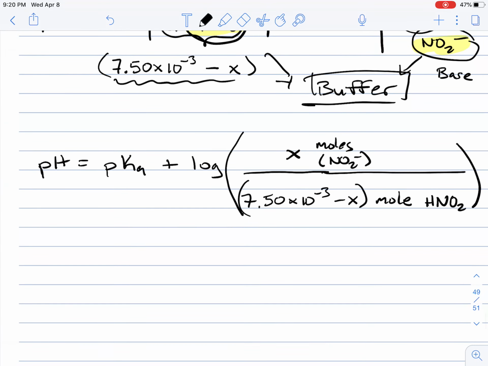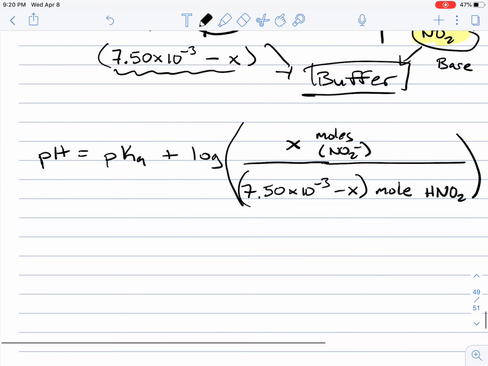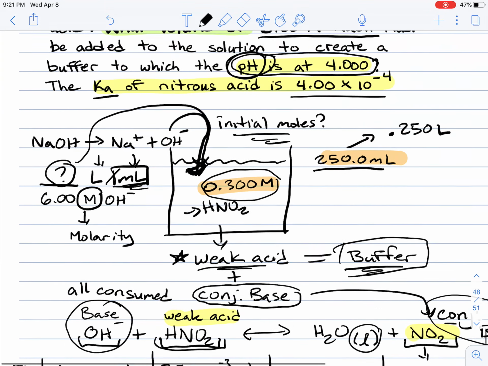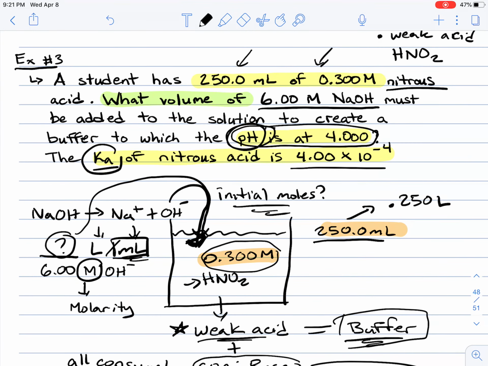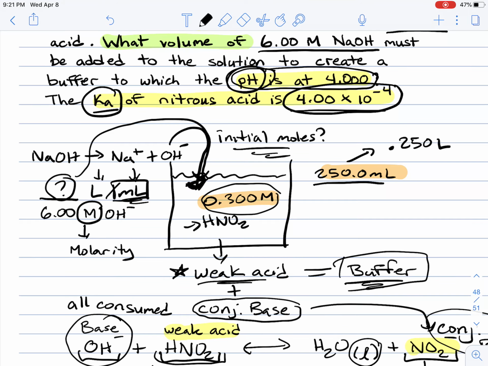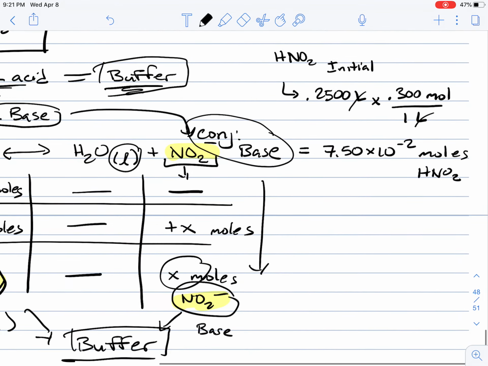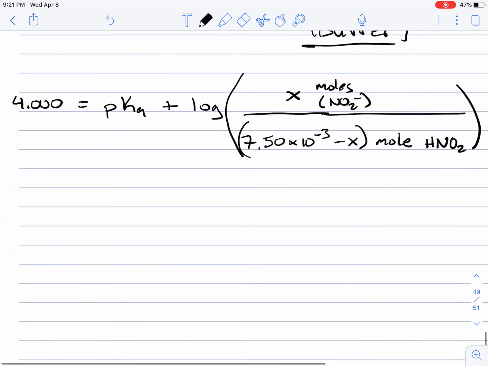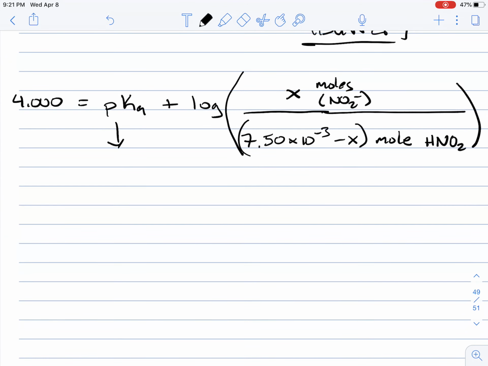I'm going to go ahead and plug in the pH and pKa. The pH, according to the problem, was 4.00. For the pKa, they didn't give me the pKa, but they gave me the Ka. To determine the pKa, I'm simply going to take the negative log of 4.00 times 10 to the negative 4. I'll do that off to the side here.